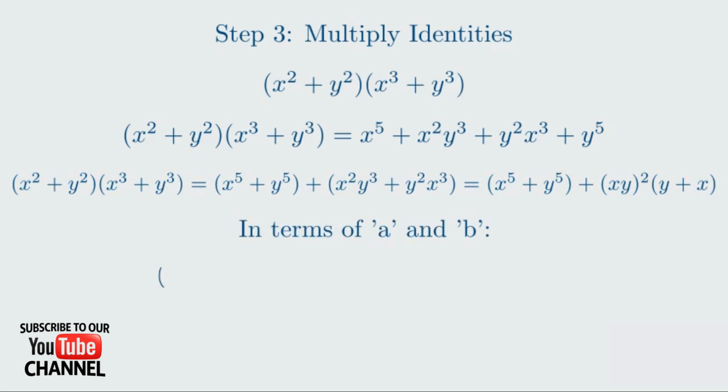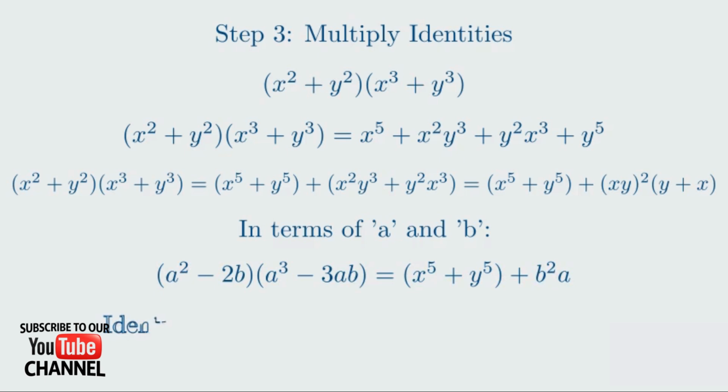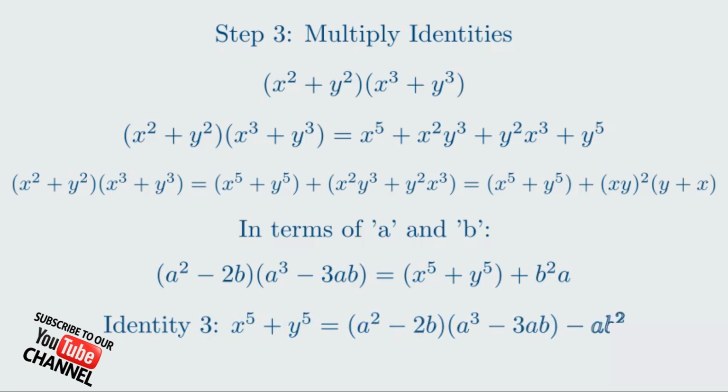This means a squared minus 2b times a cubed minus 3ab equals x to the fifth plus y to the fifth plus b squared times a. We can now solve this equation for x to the fifth plus y to the fifth. The result is x to the fifth plus y to the fifth equals a squared minus 2b times a cubed minus 3ab, minus ab squared. This is our identity.